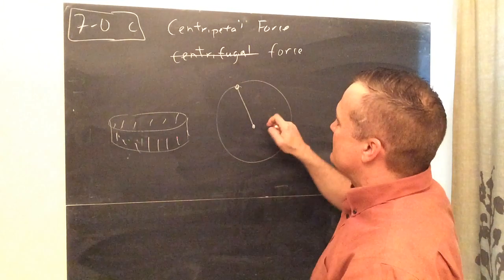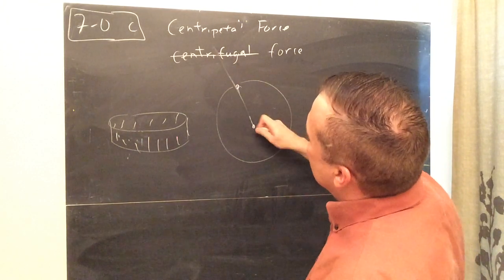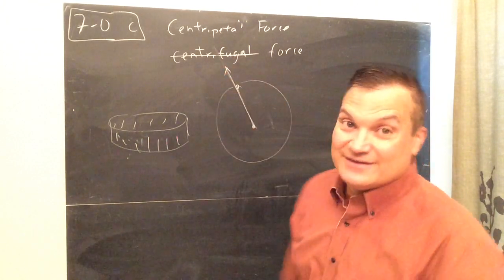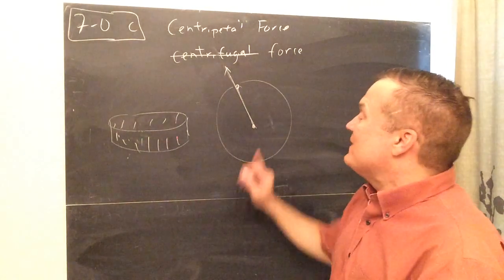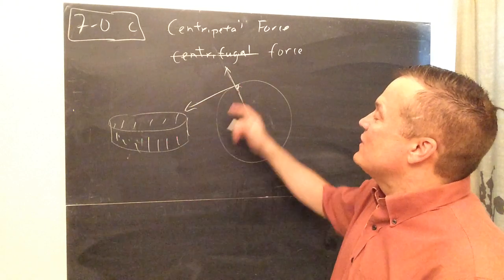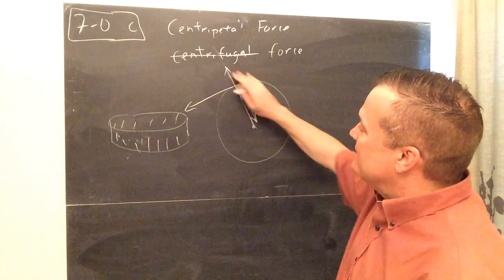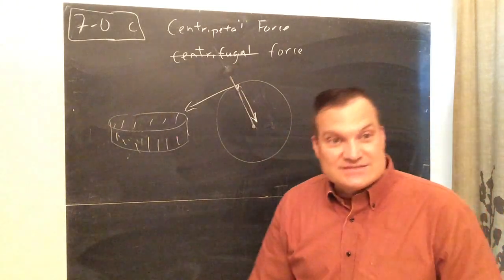It feels almost like if I let go of your hand, you're just going to fly away out there. Well, that's an illusion, believe it or not. What will really happen if you let go of their hand is they're going to fly that way. So you're keeping them in a circle. The force is actually coming this way. The force always acts toward the center of the circle.